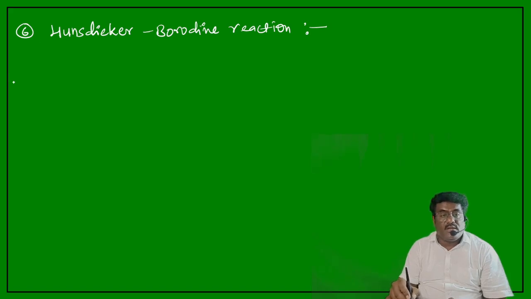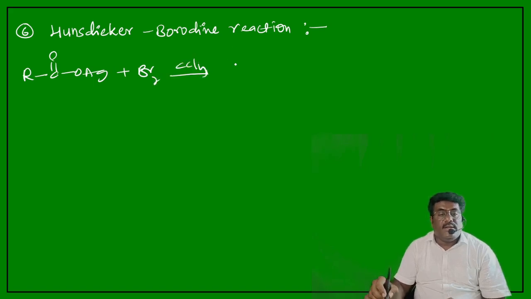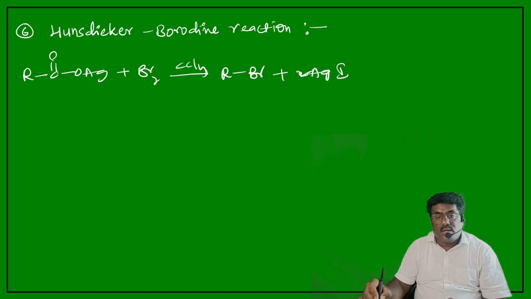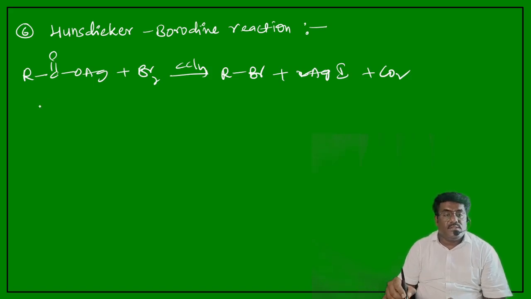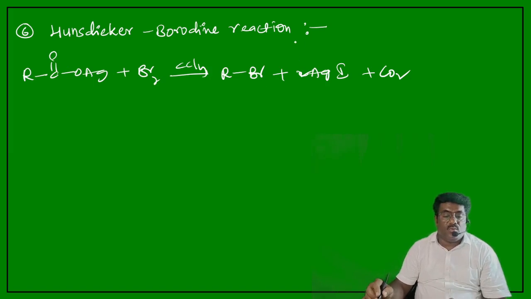The silver salt RCOOAg in presence of Br2 in carbon tetrachloride gives alkyl bromide RBr plus silver bromide AgBr and carbon dioxide. Silver salt of a carboxylate ion in presence of bromine and carbon tetrachloride gives alkyl bromide. Simply remember this reaction.